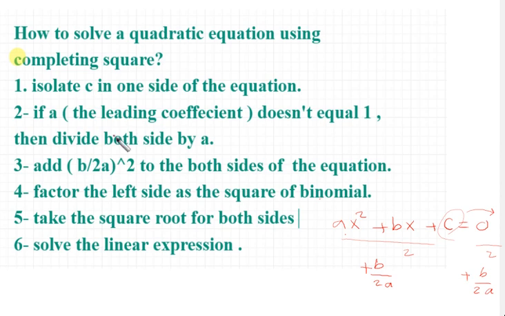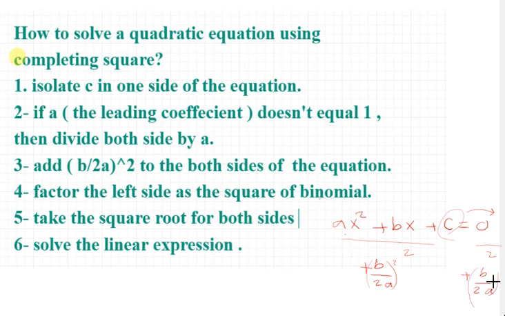Let's revise the steps of solving quadratic equations using completing the square before we start solving examples. First, I have to isolate c as we did here. Then, if a, the leading coefficient, is not equal to 1, we have to divide both sides of the equation by a. Then I have to add (b over 2) squared to both sides of the equation in order to complete the square.